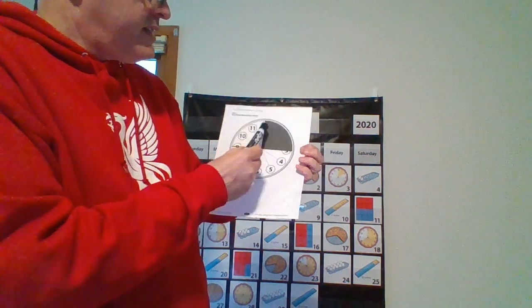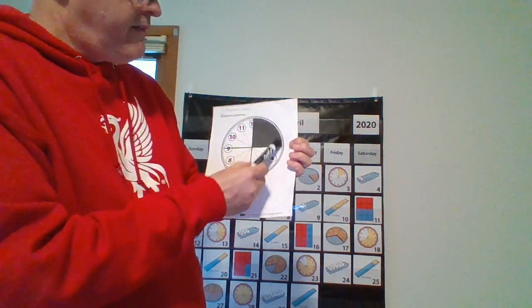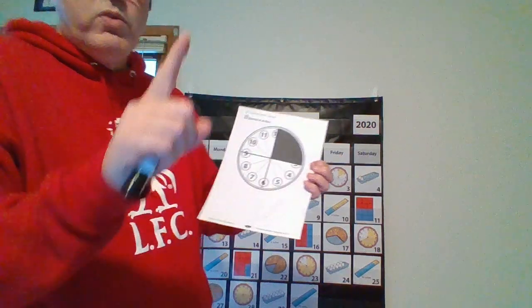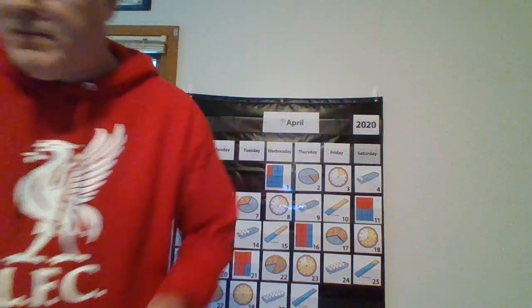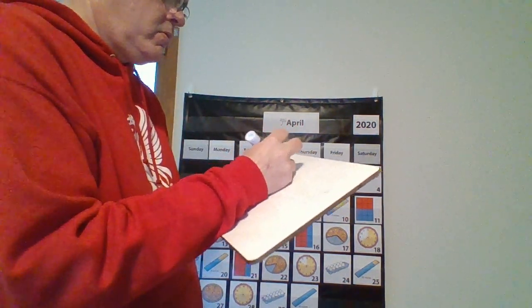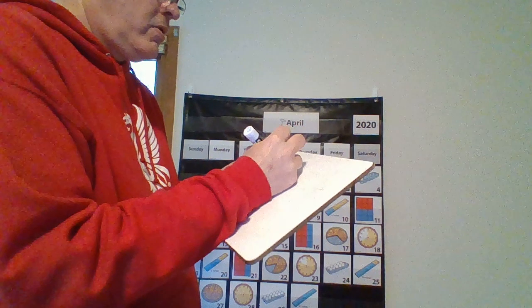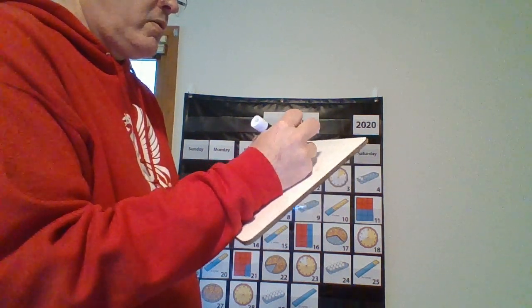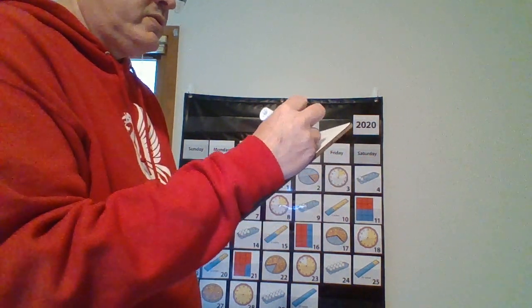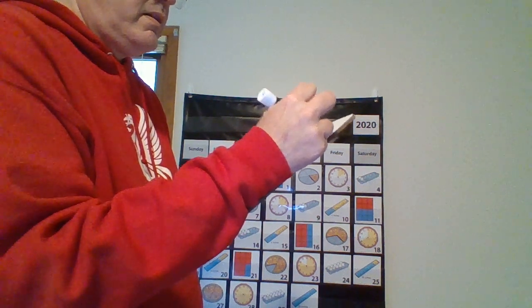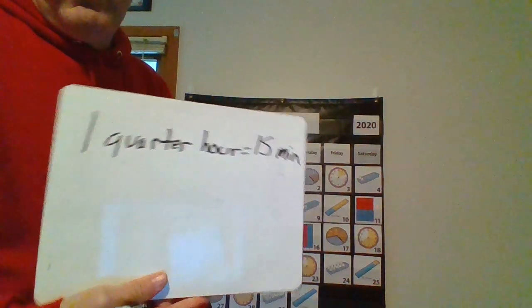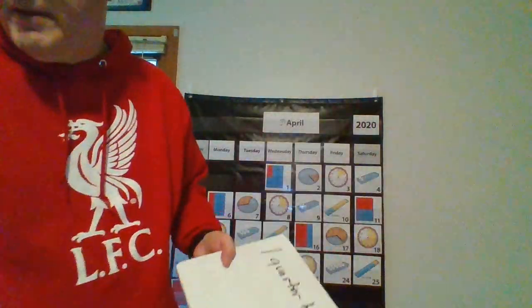So we can say 5, 10, 15. 1 quarter hour is 15 minutes. Okay? So 1 quarter hour equals 15 minutes. Okay? 1 quarter hour is 15 minutes.